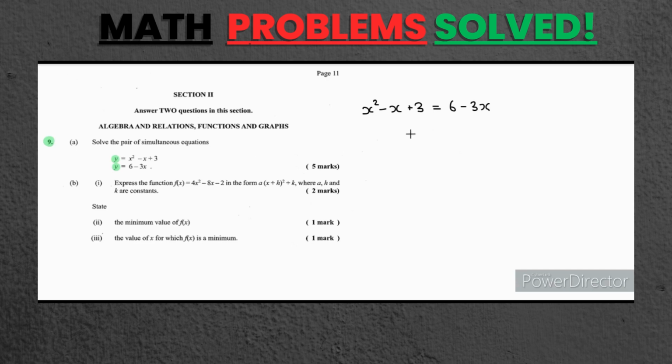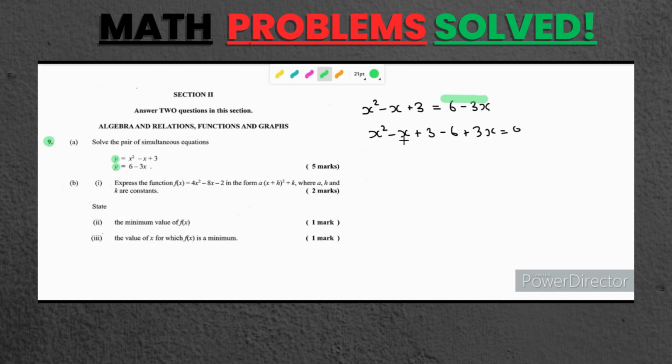So what will we do? First of all we will move both of these to the left side, right? So x square minus x plus 3 minus 6 plus 3x will be equal to 0.